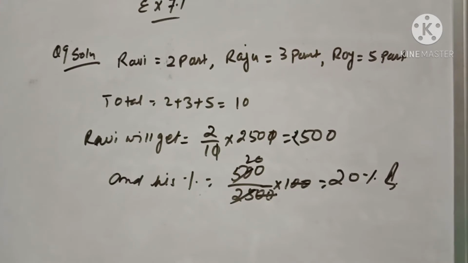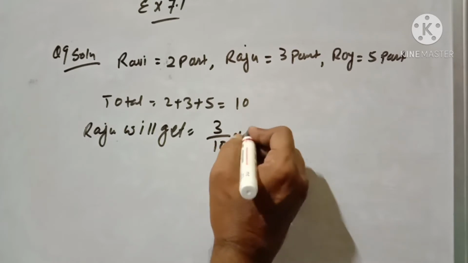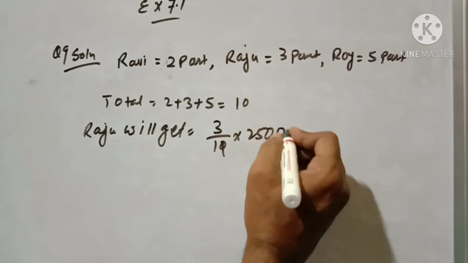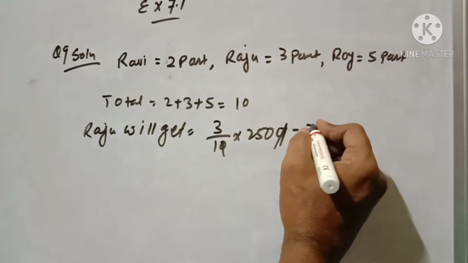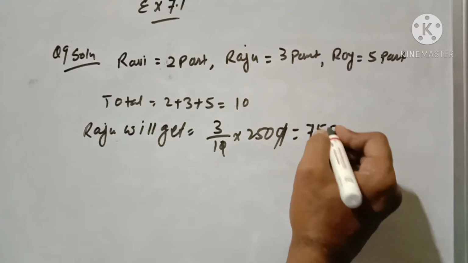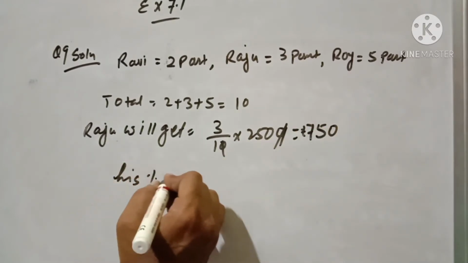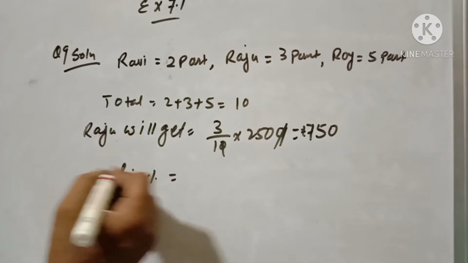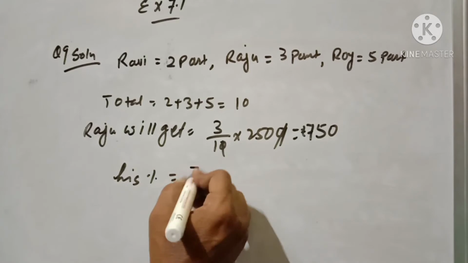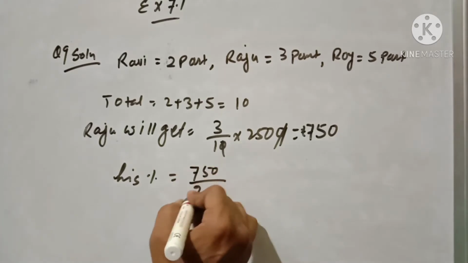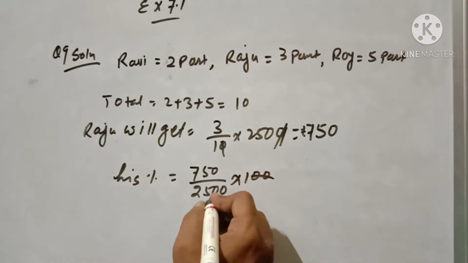Write down first part. Now Raju will get 3 part, means 3 by 10 into 2500. This is 3 5s are 15, 3 2s are 6, rupees 750, and his percentage equal to, Raju's percentage will be 750 by 2500 into 100.